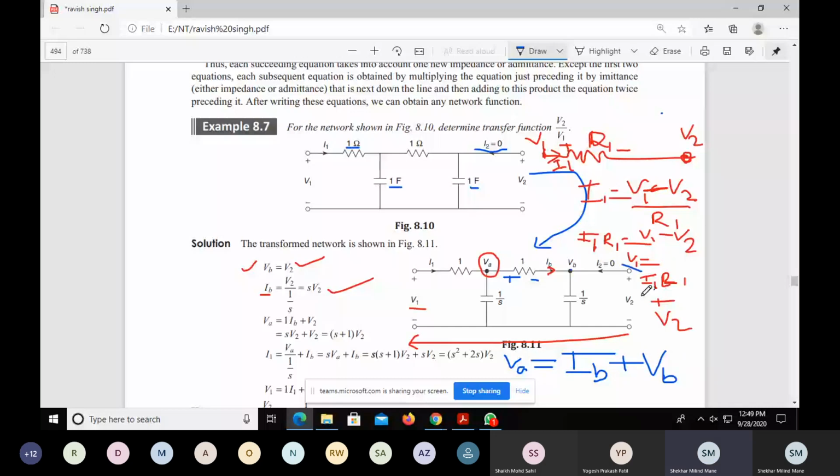V1 is equal to I1 R1 plus V2. So in this way, I can write VA is equal to IB plus VB, that is, 1 into IB plus VB for this particular branch. Have you understood this? So from the next observation, we can write VA is equal to 1 IB plus V2. Have you understood this?